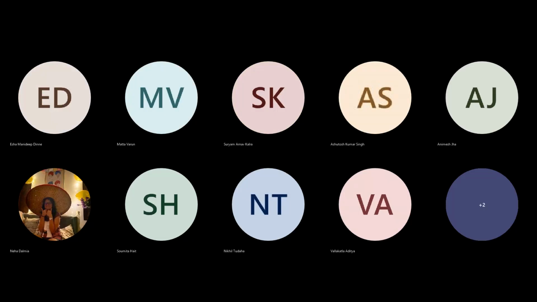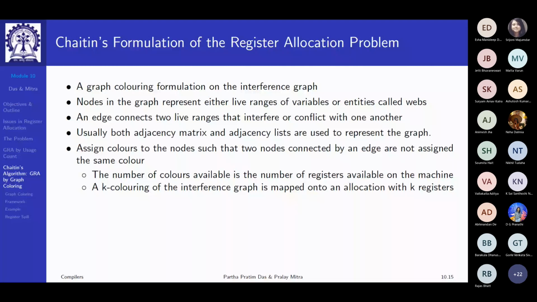Registers to different variables in a code region, which could be a function or a bigger region. The basic objective is to make sure that we do not have any redundant load store, and the allocation is consistent in the sense that there's no point where two variables which are conflicting are allocated the same registers.